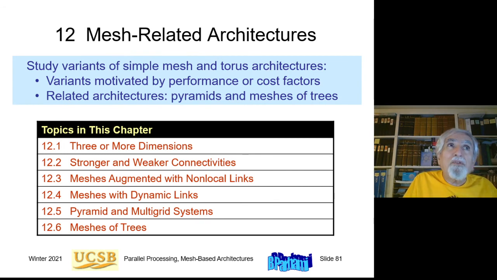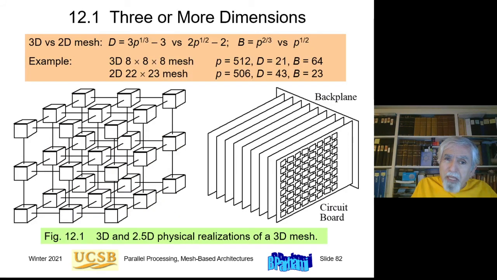So let me go to chapter 12 and discuss a little bit some of the ideas in this chapter. So first of all, we talked about 2D mesh. We can have 3, 4, 5, 6-dimensional meshes. Let's talk about 3-dimensional meshes. Now, it may occur to us, because space is 3-dimensional, we should be able to build 3-dimensional meshes.